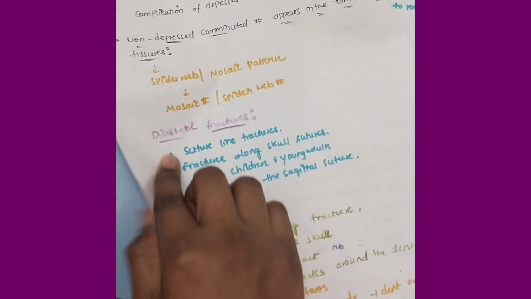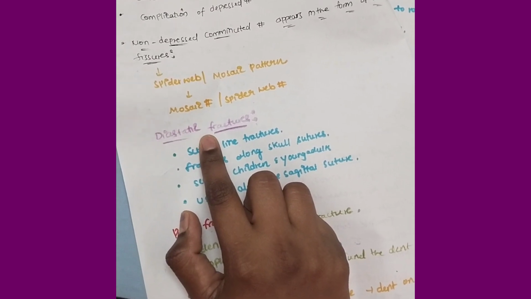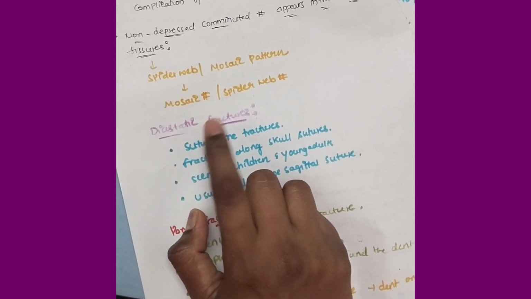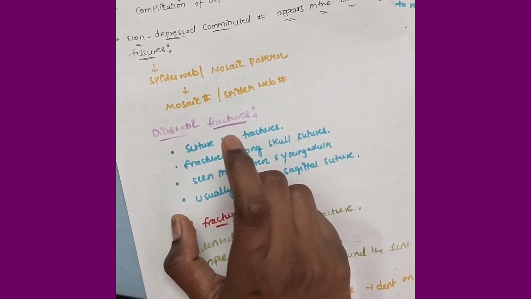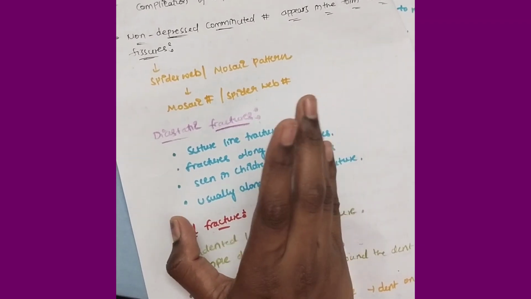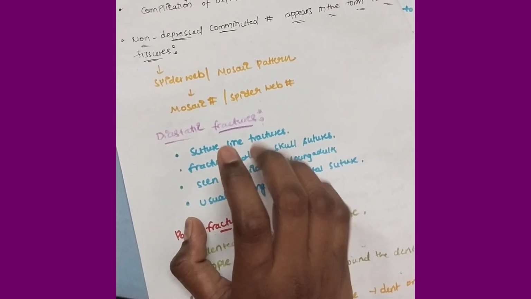Now diastatic fractures. At last we will discuss this in a diagrammatic way also, if possible. Diastatic means fractures along the suture lines, occurring in young people or children.